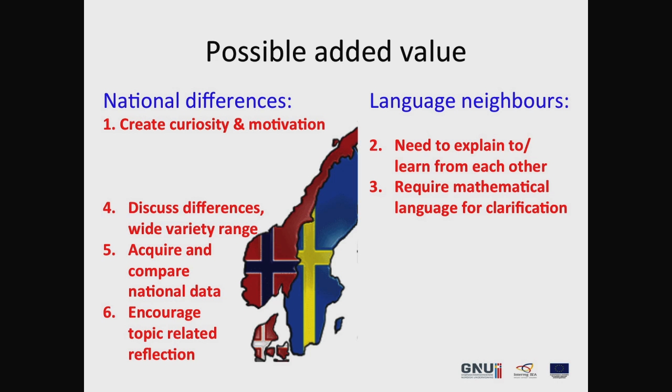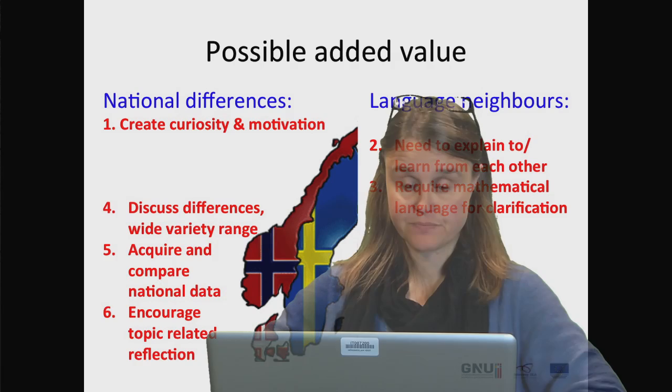It is also possible to acquire and compare and contrast national data that comes specifically from the students' own everyday life, and then they can compare and contrast each other's life conditions. And 6, it was also argued that national differences can encourage topic-related reflections.